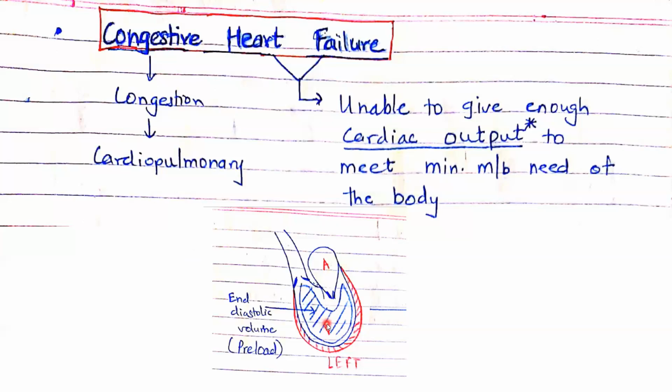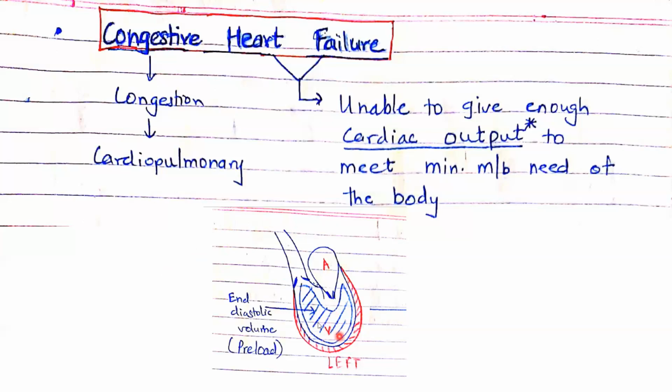In normal human beings, whatever volume, suppose it is 100 here, approximately 50% is pushed out and it goes into systemic circulation. Because it is the left ventricle, it is going to push oxygenated blood into systemic circulation. So this 50% is called the ejection fraction.